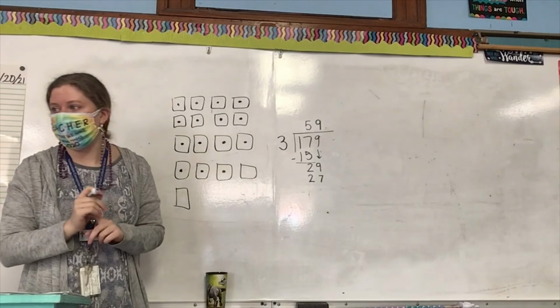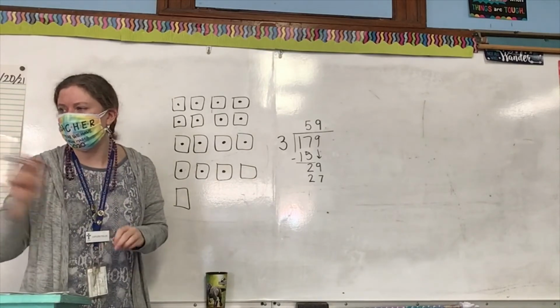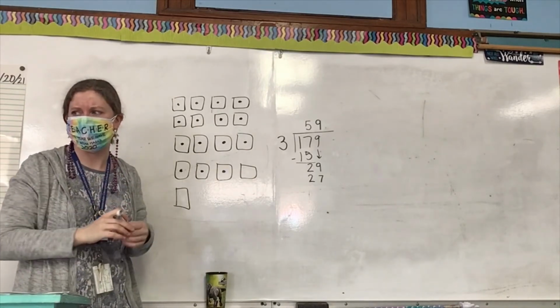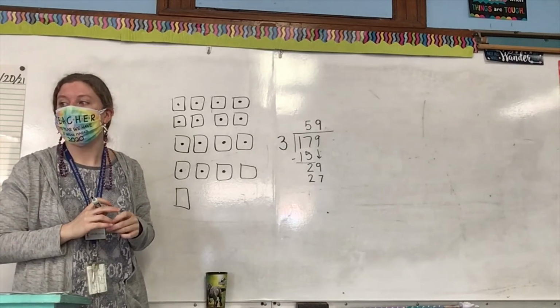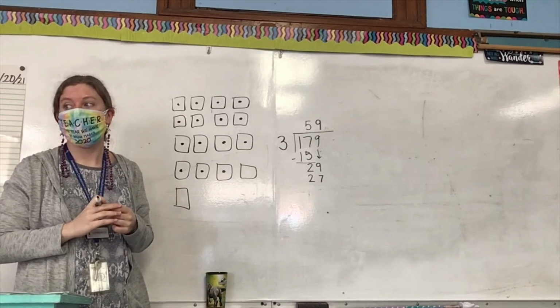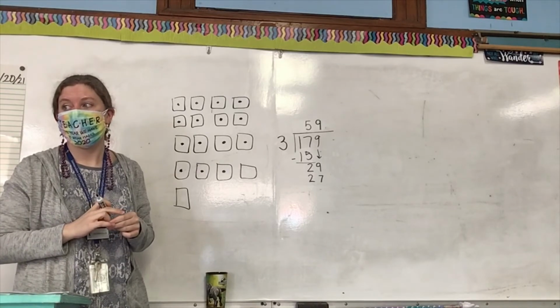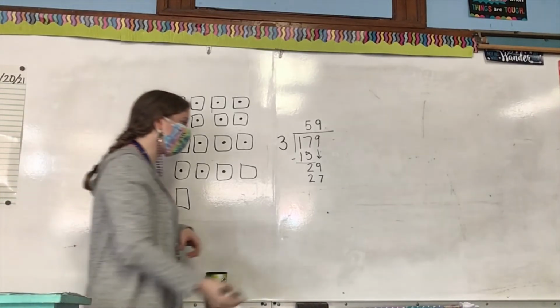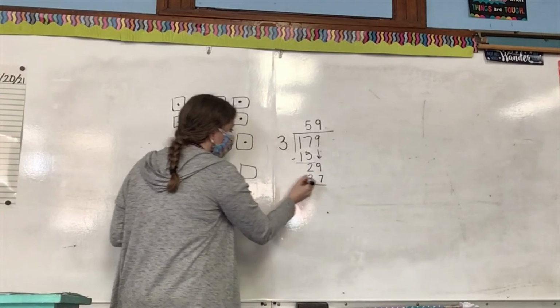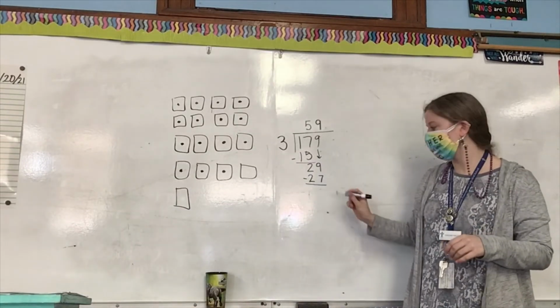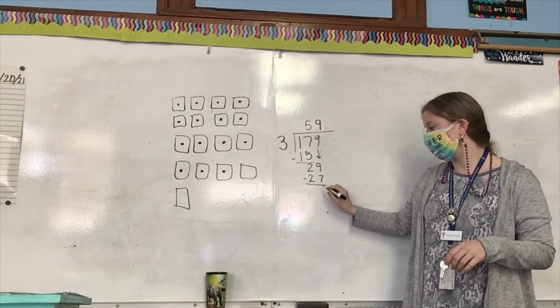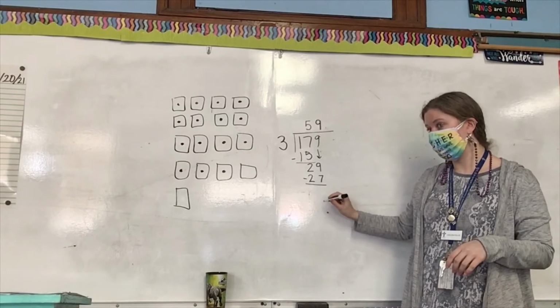Kingston, back to you. We just multiplied, so now we subtract. What are we subtracting? 29 minus 27. Tell me in words. We subtract the answer to our multiplication problem from our new dividend. 29 minus 27 is what, Kingston? 2.